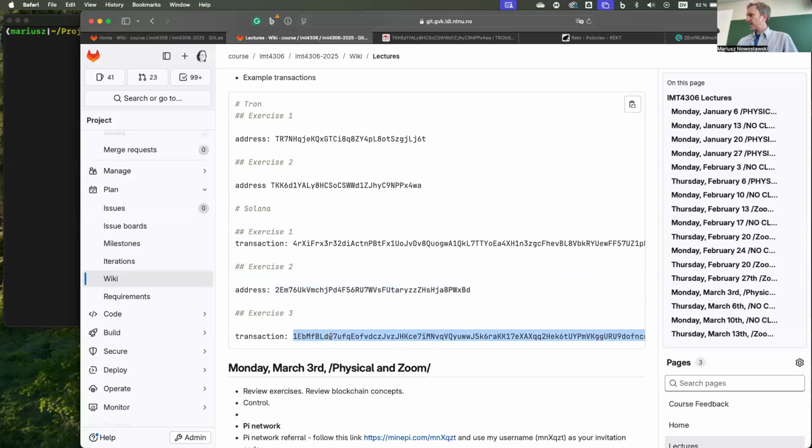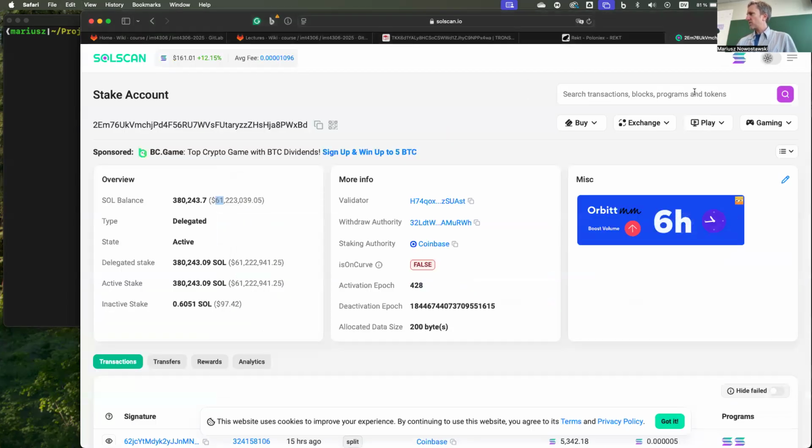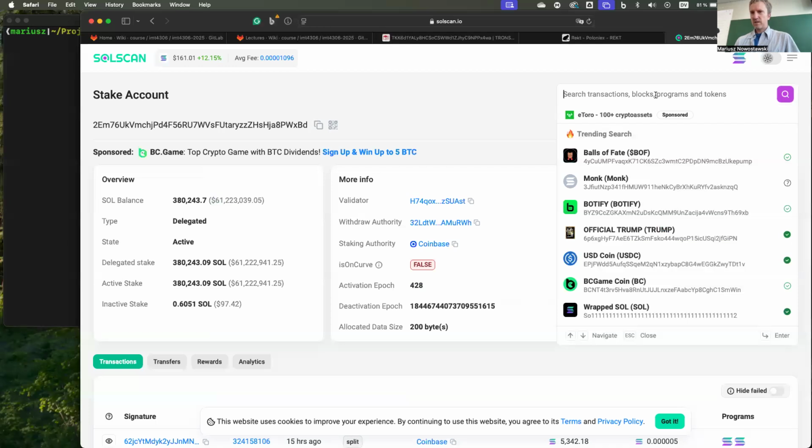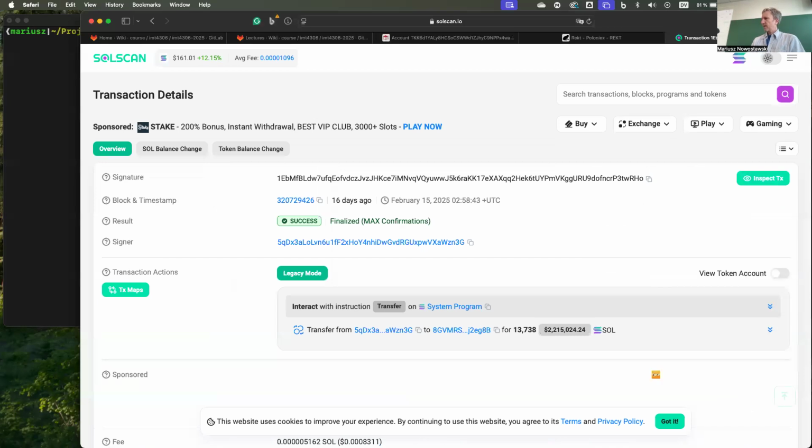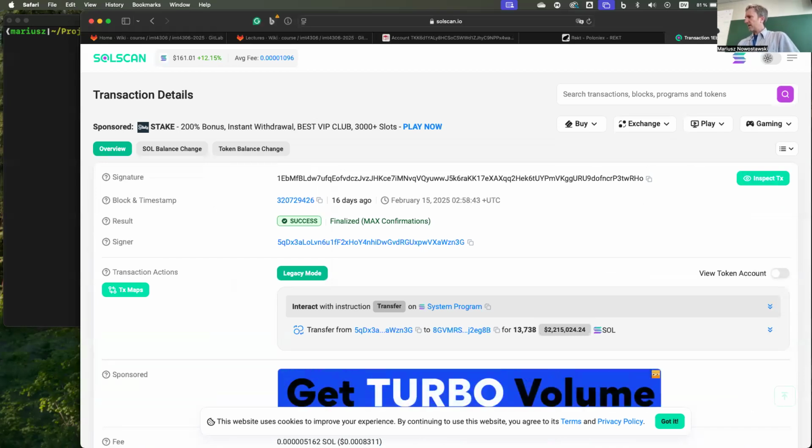All right, and then the last one. So you see that the transaction hashes are very long and the addresses are quite constrained. Even if it doesn't say transaction, we can recognize that the hash is a transaction hash. So then we can go in and see another staking account.